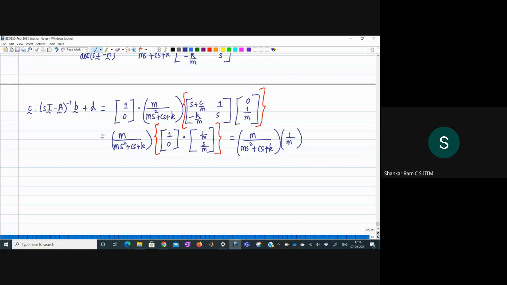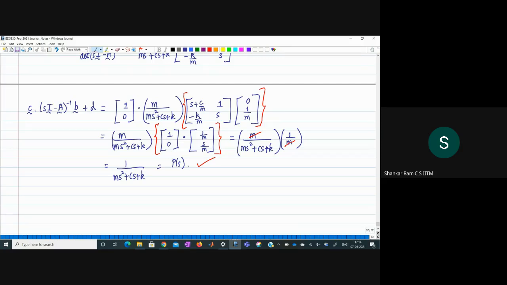So we just get 1 by m, and this m and this m will get cancelled. Consequently, we will be left with 1 divided by ms squared plus cs plus k, which is nothing but the plant transfer function. So you can see that we have indeed verified that equation.